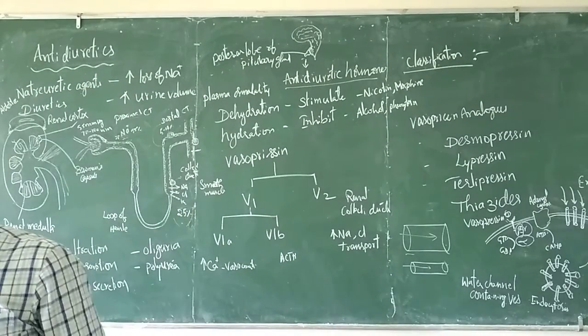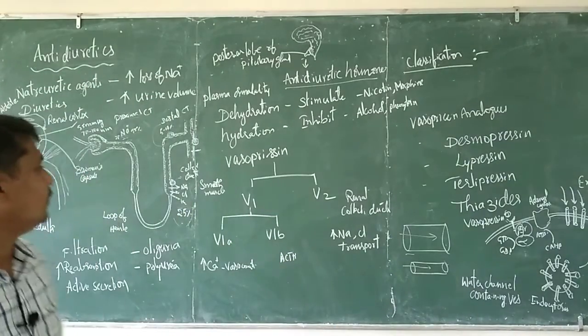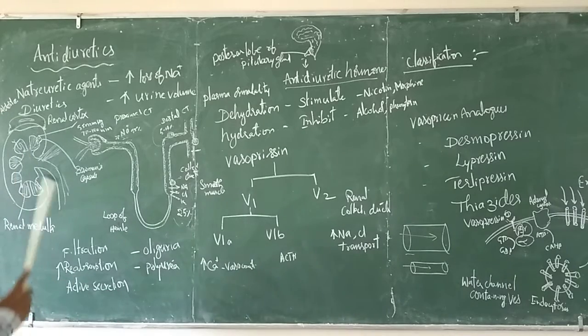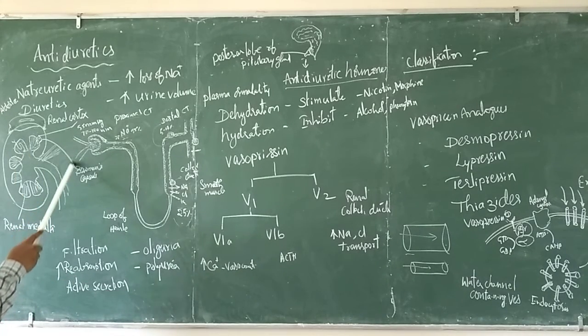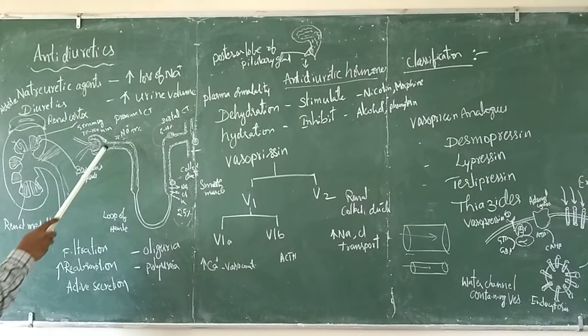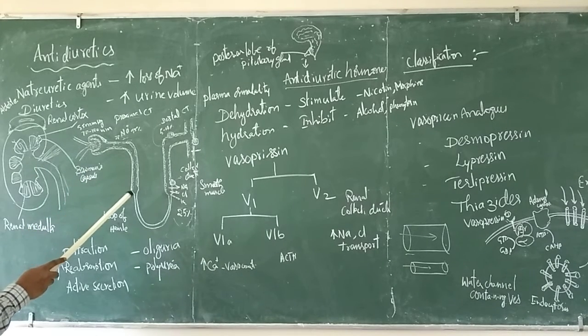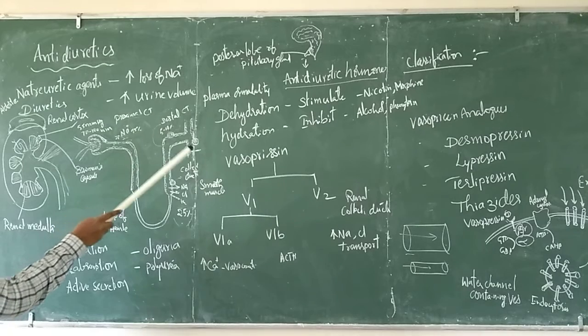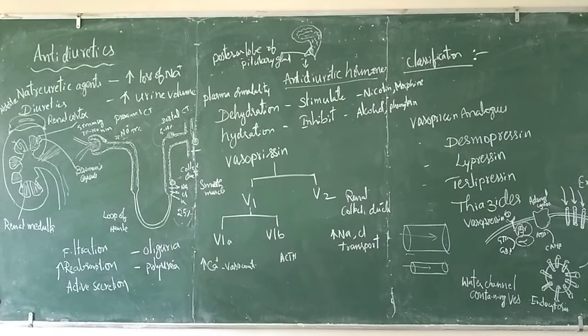So this is the functional unit of the kidney, called the nephron. Nephron consists of the Bowman's capsule, proximal convoluted tubule, loop of Henle, distal convoluted tubule, and the collecting duct. Normally it involves filtration, reabsorption, and active secretion.